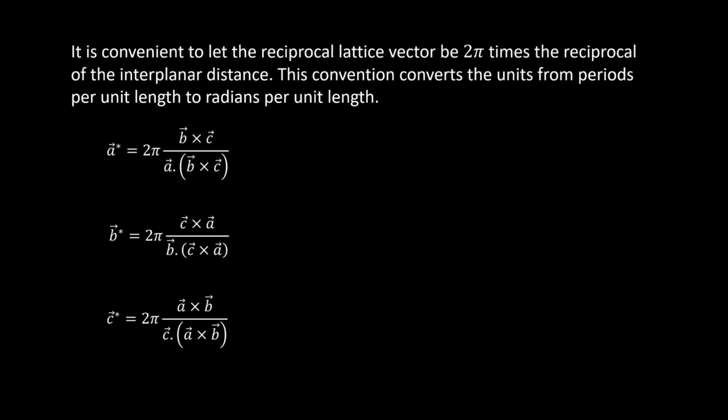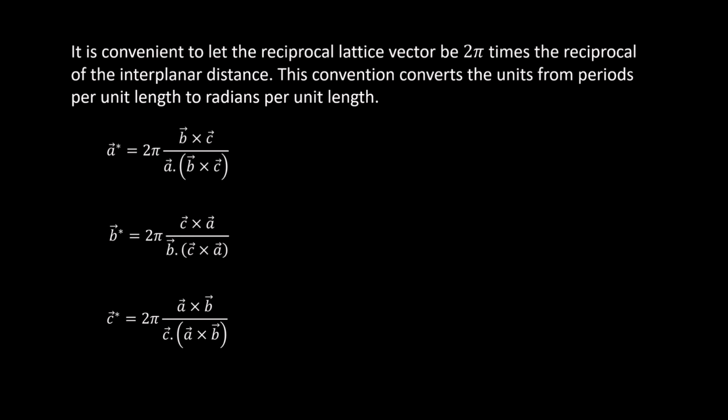It is conventional to let the reciprocal lattice vector be 2 pi times the reciprocals of interplanar distance. This convention basically converts the units from periods per unit length to radians per unit length. Radians per centimeter are widely used units.